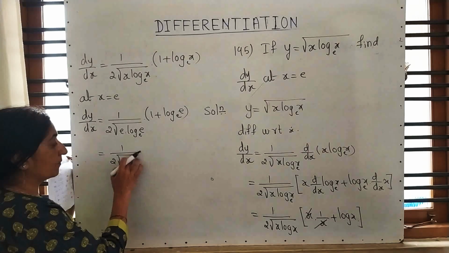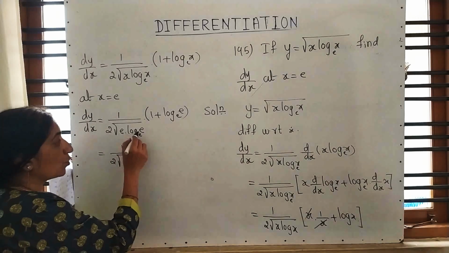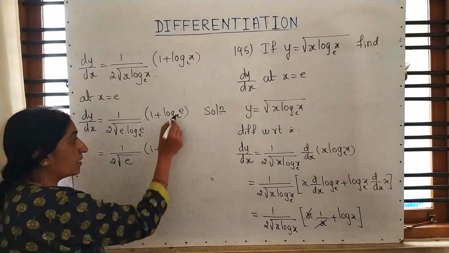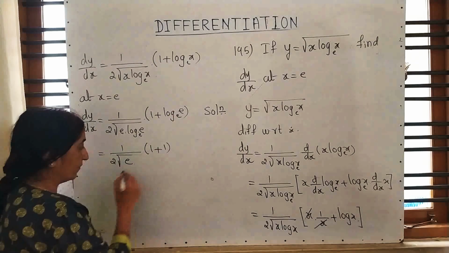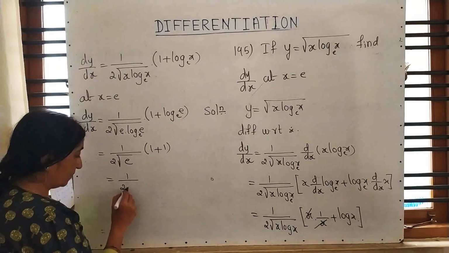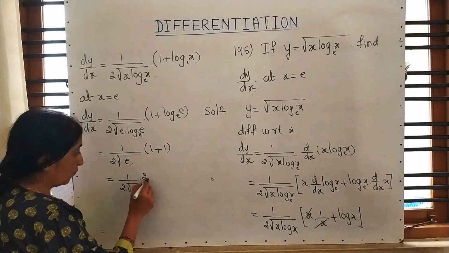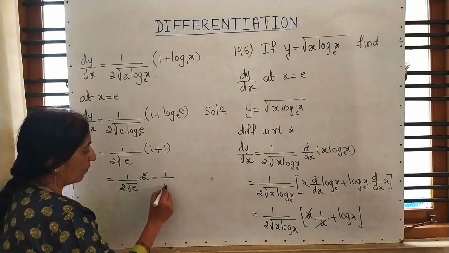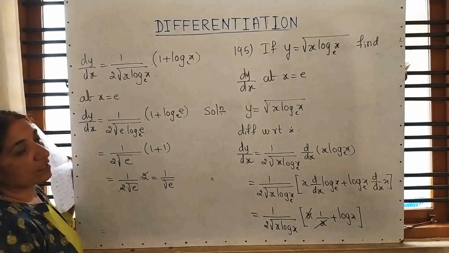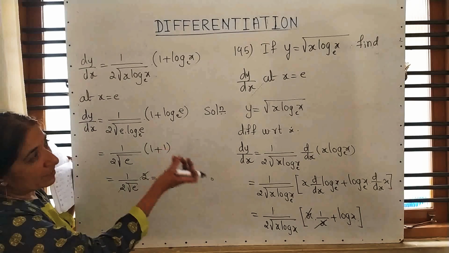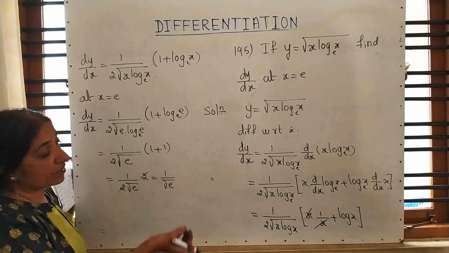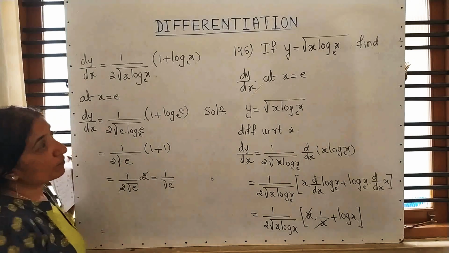This is e because e into 1, and this is 1 plus 1, this already was familiar. So finally we got 1 upon root e. See, is the sum simple or what? Some basic things you don't know. That's why observe the problem carefully.